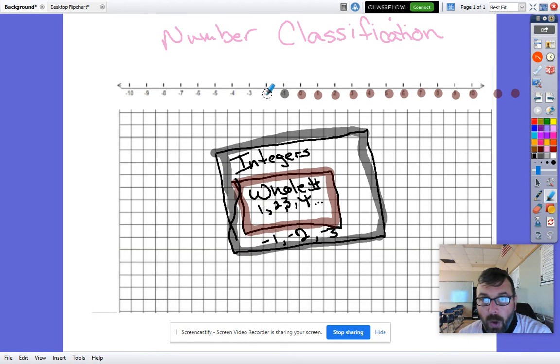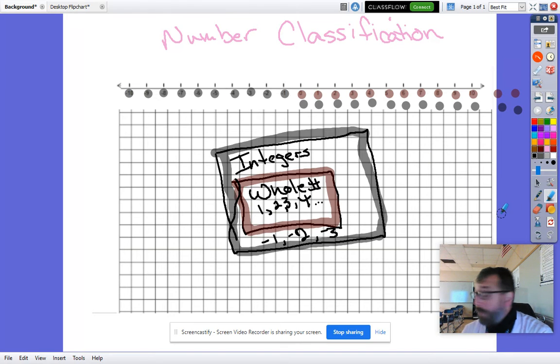And they are whole numbers that are negative. But I want you to make an important observation. These are integers as well. Whole numbers are inside the integer box, so they count as integers as well.